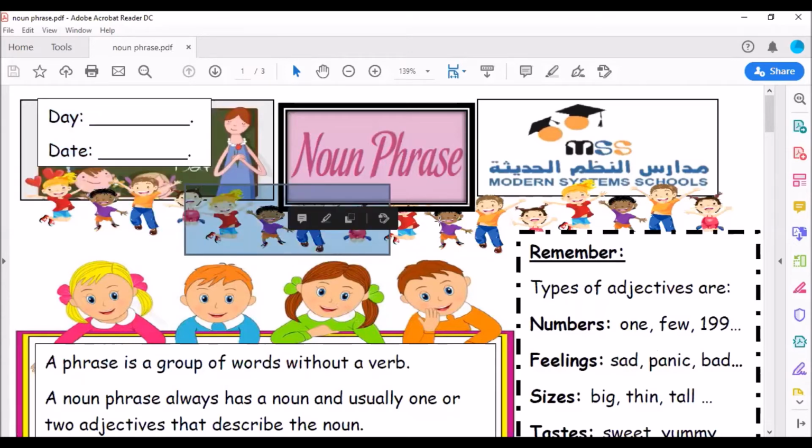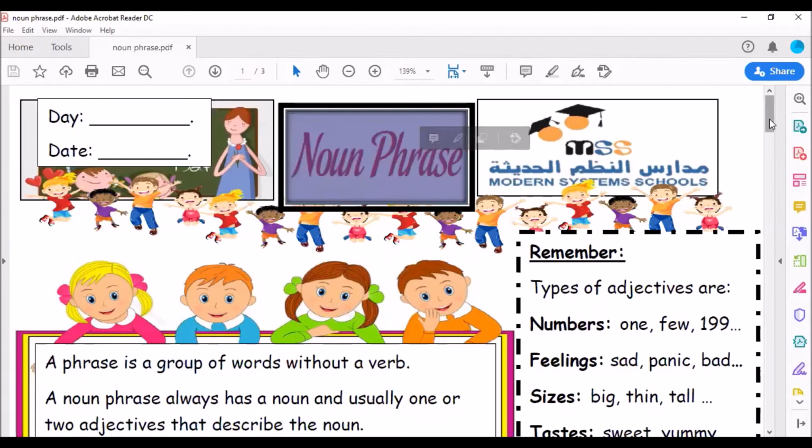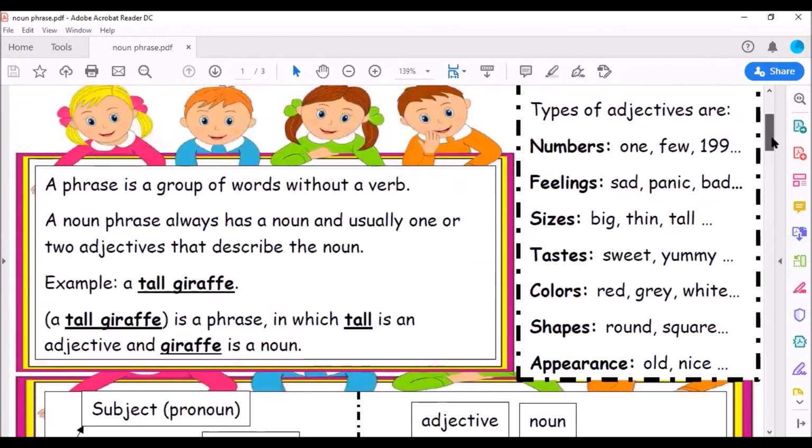Okay, noun phrase. Let's talk about noun phrase. We're gonna highlight some words here. So with me, please. Okay. A phrase is a group of words. This is, we said it, right? And we said these words have no verb. And if they have a verb, they will not have a subject. So subject and verb together, they don't appear in a phrase, okay?